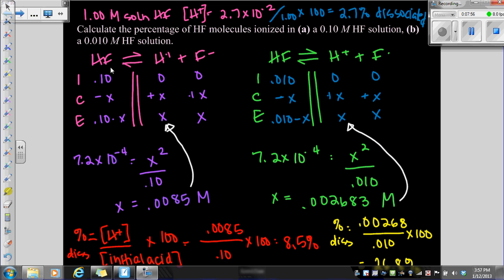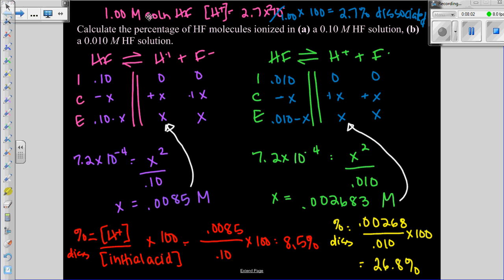In general, as the concentration of the weak acid decreases, from here to here to here, you're going to see that the percent dissociation is going to increase. And we can talk about that in class if you have a question.